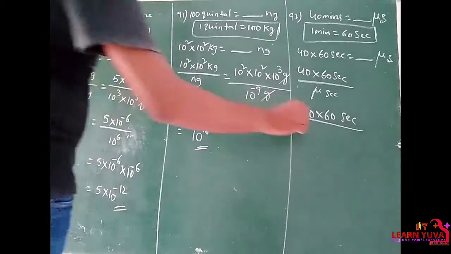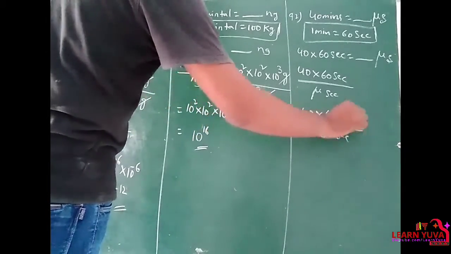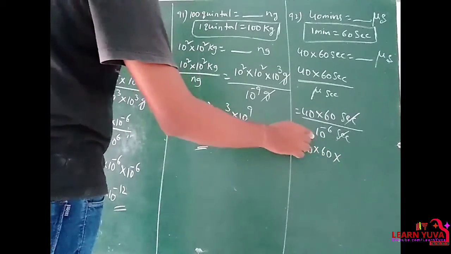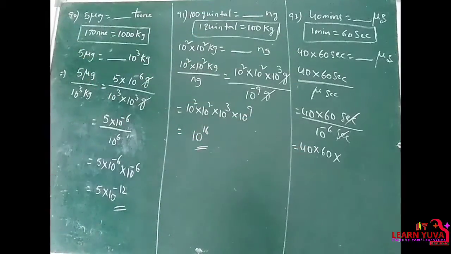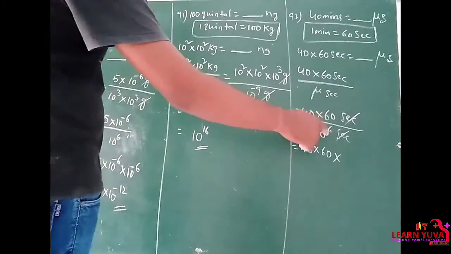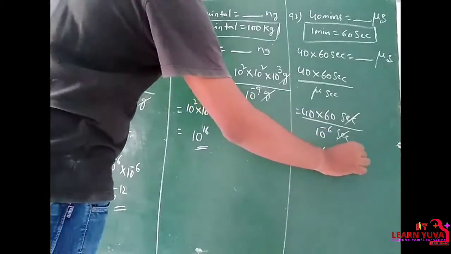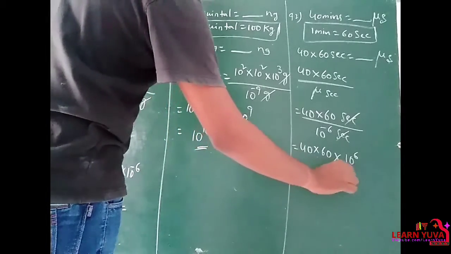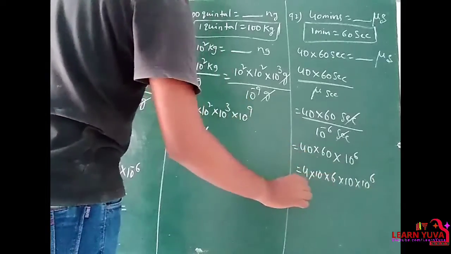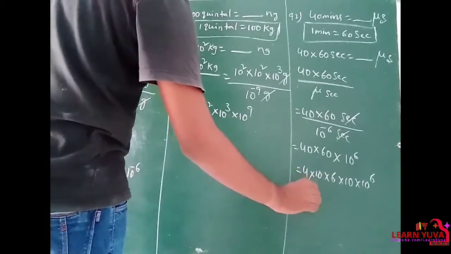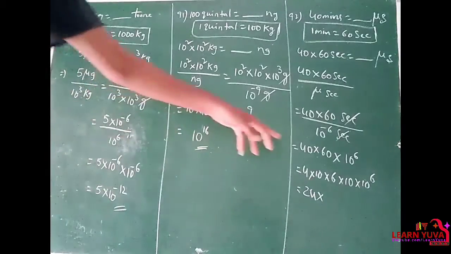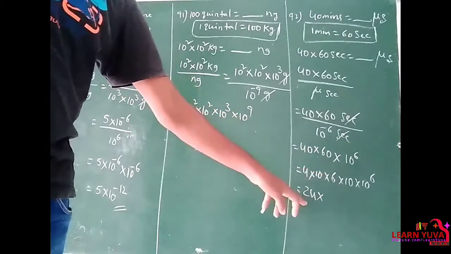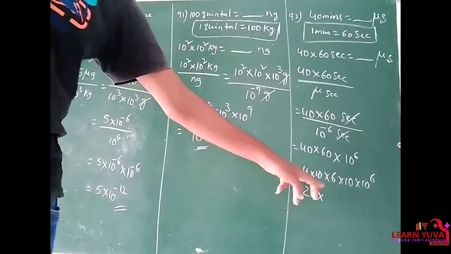What is the value of micro? 10 power minus 6 second. Second gets cancelled. So 40 into 60. This 10 power minus 6 is in the denominator. If it goes to the numerator, the power value should change, minus 6 becomes plus 6. So again I am writing 40 as 4 into 10, 60 as 6 into 10, and 10 power 6. 4 into 6 is 24 and 10 power 6.